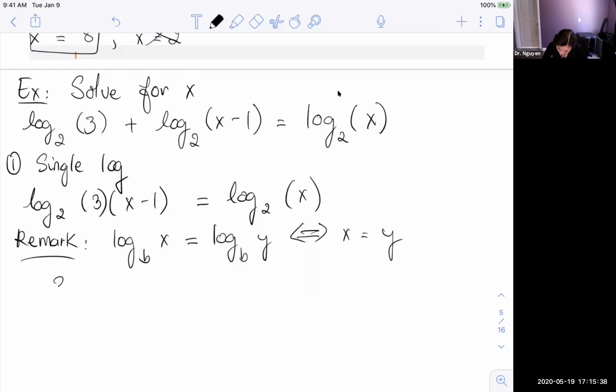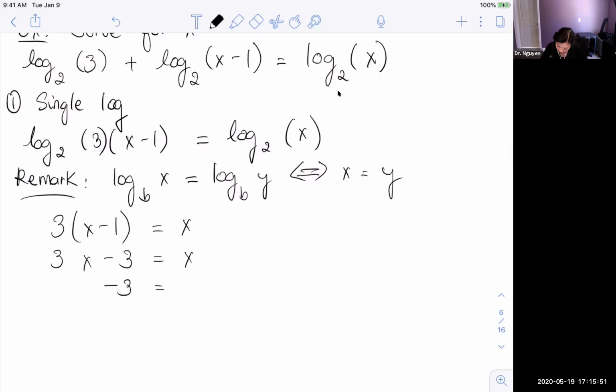We end up with 3 times (x minus 1) equals x. From there, you can just solve it. Negative 3 equals negative 2x. So x is going to be 3/2. And make sure you plug it in so we don't get a negative number.